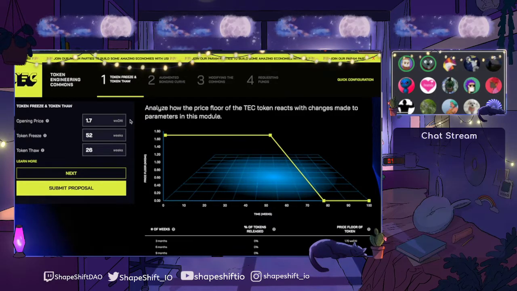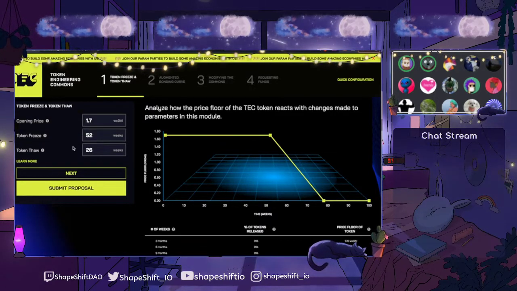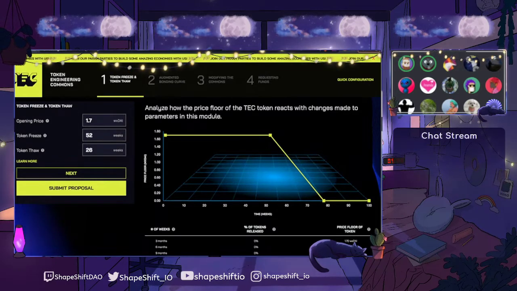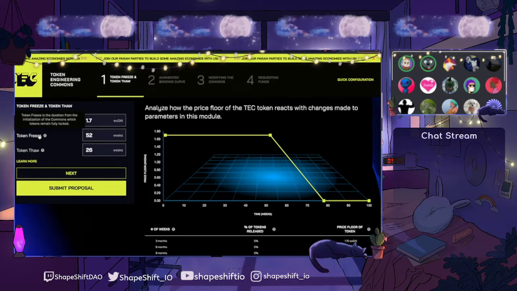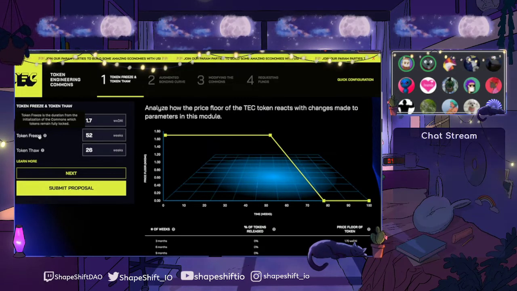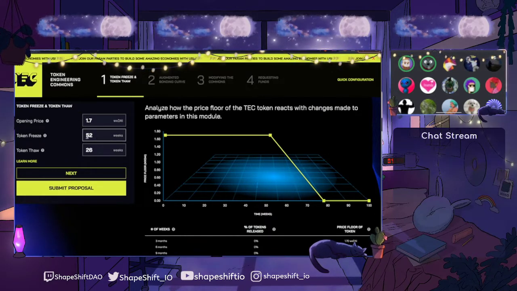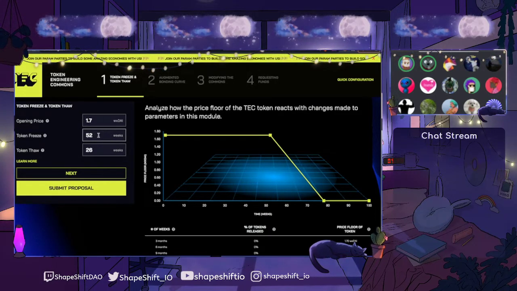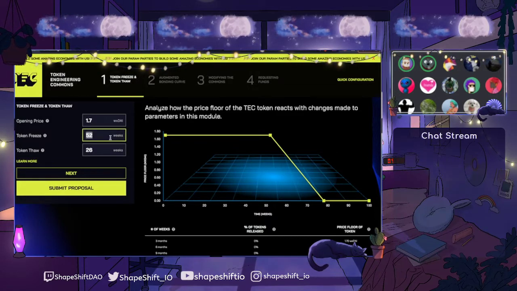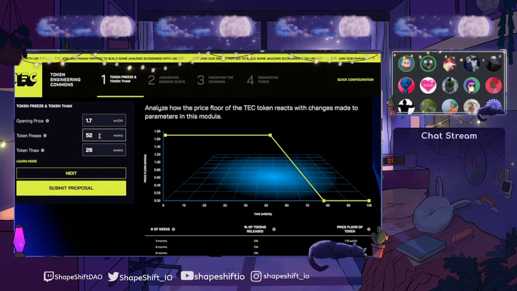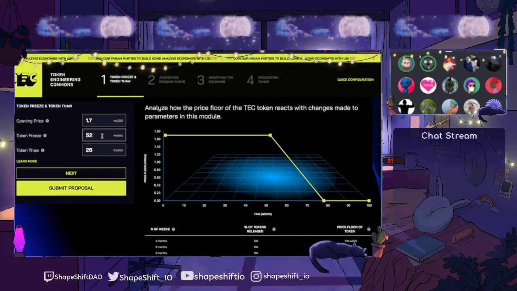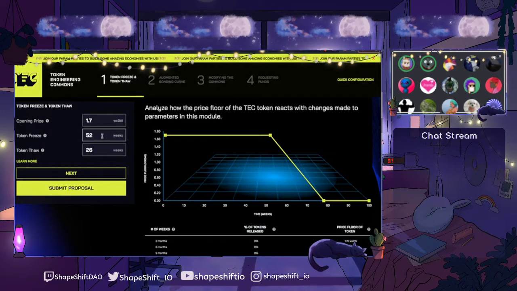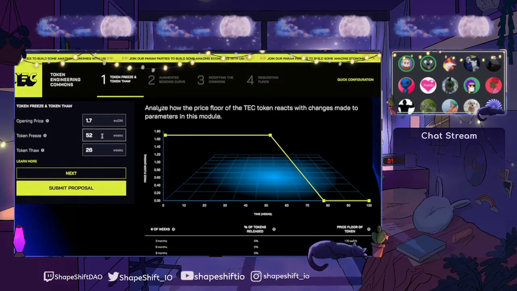So what's going to happen with these 2 million tokens, right? In other words, our token freeze and token thaw periods are vesting periods. Token freeze is a duration from the initialization of the commons during which tokens remain fully locked. So for the first year, picking 52 in this parameter, those of us who participated in the hatch aren't going to be able to move these tokens, right?